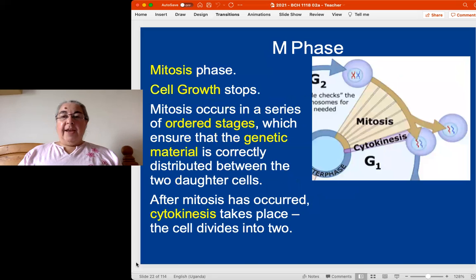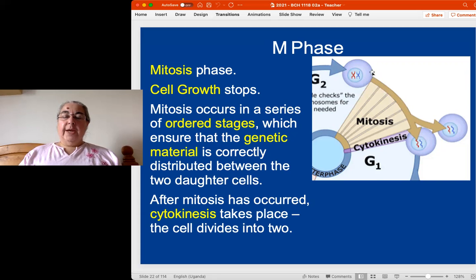Okay, and then M phase, or mitosis. This is the actual stage of cell division. Mitosis is where the genetic material is divided between the two new cells. So here you can see that we have the X-shaped replicated chromosomes, and here at the end of mitosis we've got two new cells, each again with a single linear chromosome.